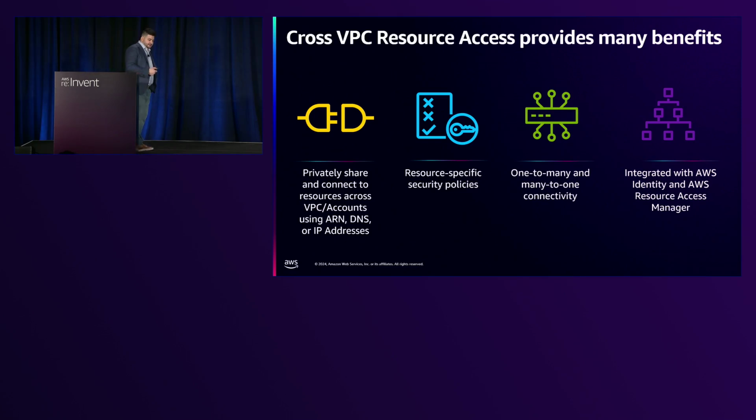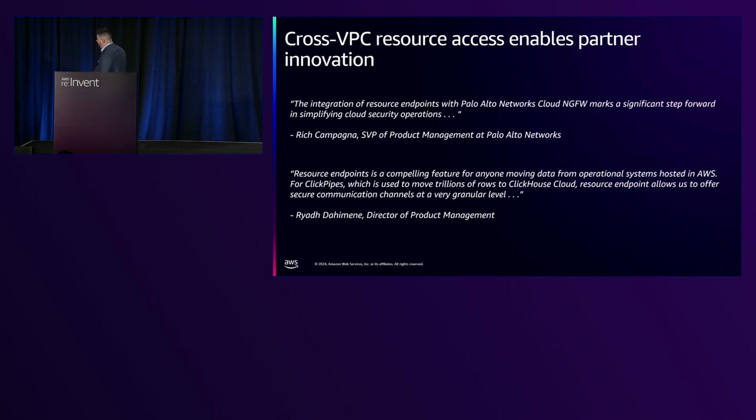Cross VPC resources provide many benefits. They're private, they're scalable, they allow one-to-many or many-to-many, and we integrate with RAM and IAM for seamless sharing. We're already getting really strong feedback from key partners that are using resource endpoints today.